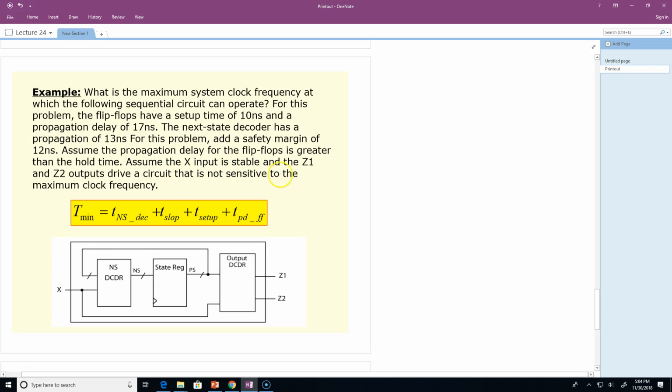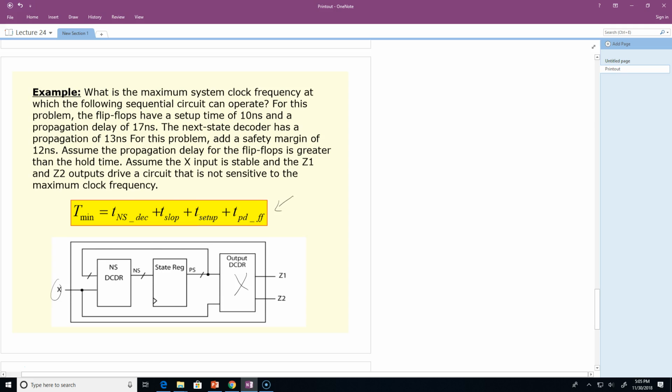Assume the X input is stable and the Z1 outputs drive a circuit that is essentially not sensitive to the maximum clock frequency. That gives me the excuse of not considering the output decoder and not considering changes in X. Okay, so I'm really kind of simplifying these problems down. What you have to do is read through this problem to fill out this math, and then essentially that's it.